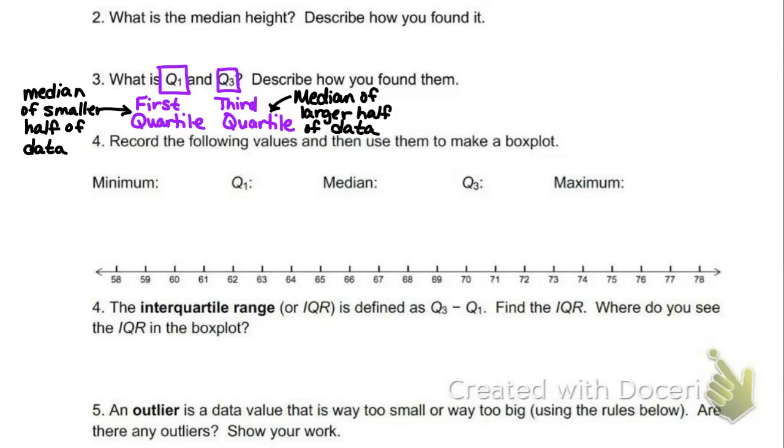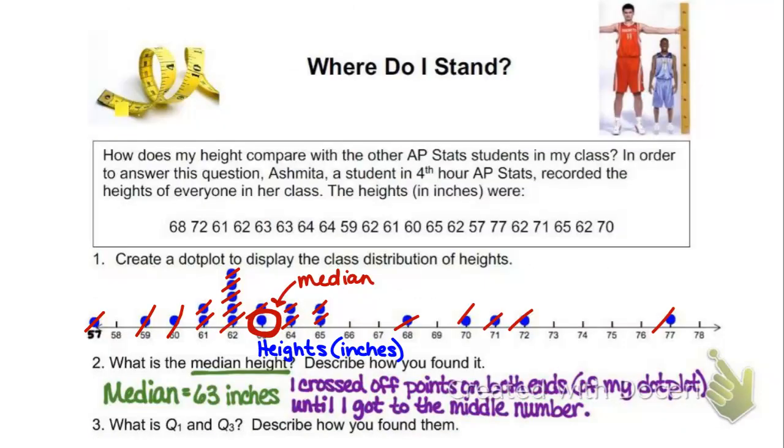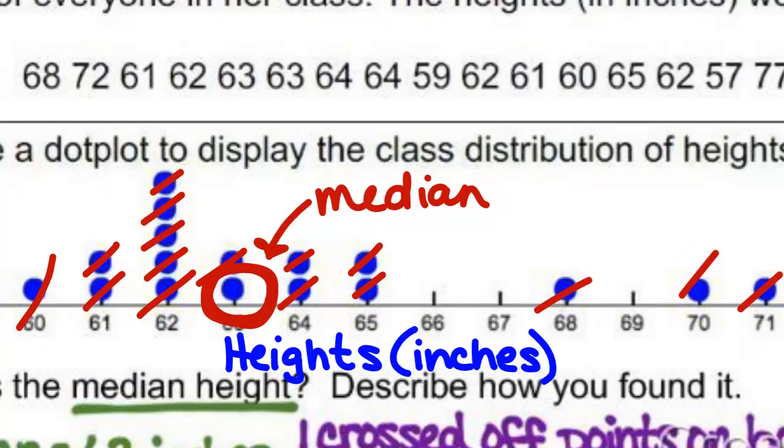So I'm going to go back so that I can see that dot plot. All right, so if this is my median right here, let's see, 1, 2, 3, 4, 5, 6, 7, 8, 9, 10. Here's my median.